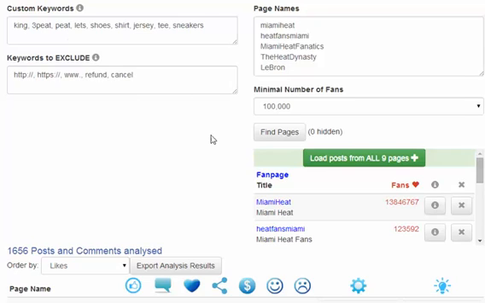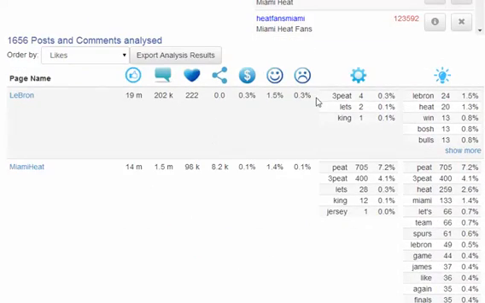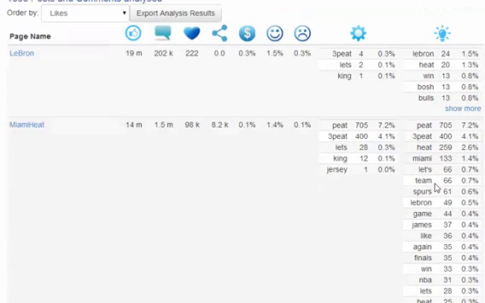Essentially, the tool goes through all of these pages, looks at all the posts and all the comments, and sees how many times those words are used on the page. Then we can look at those percentages, which you can see on the far right here, and based on them we can decide whether that particular fan page or interest is going to be a good fit for our product.